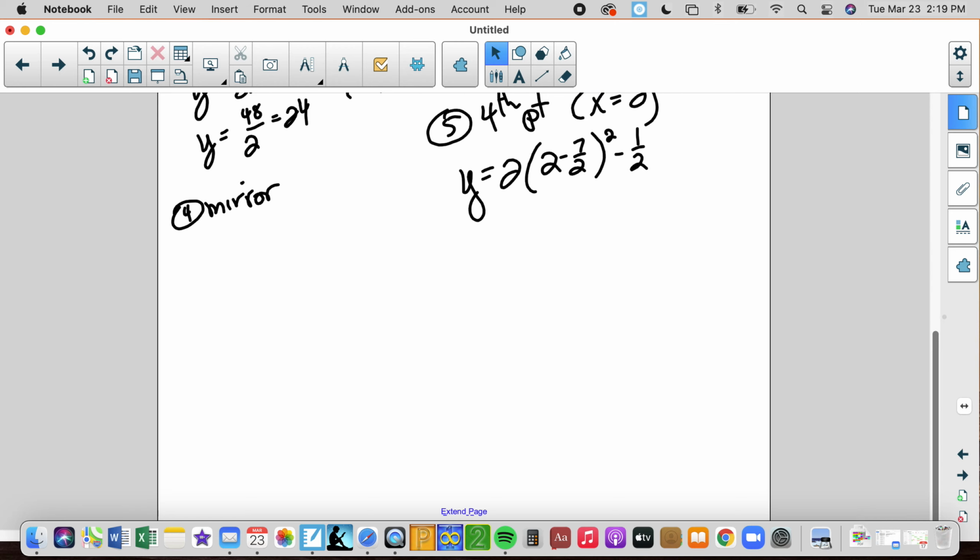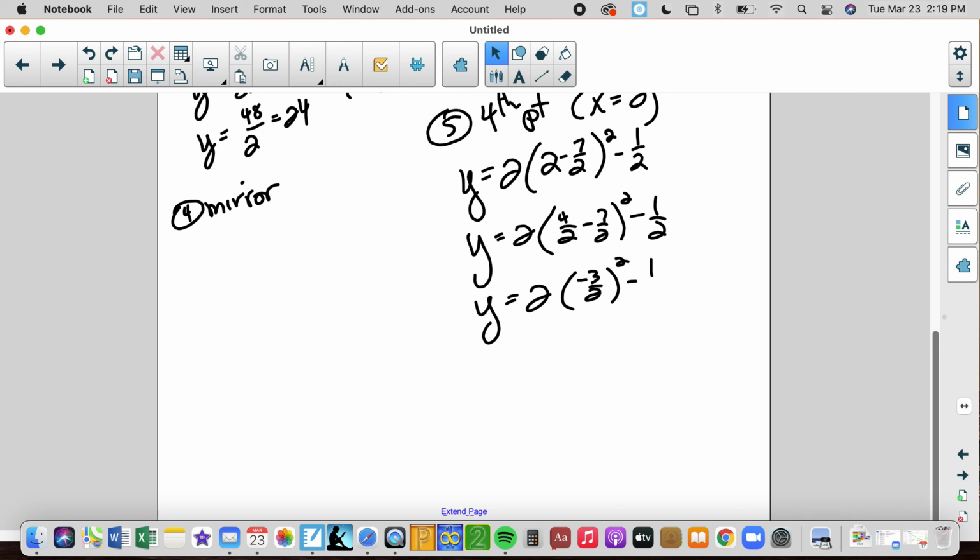All right. So if we do that, we get y equals 2. Now 2 has to be in halves, so that's 4/2. 2 is equivalent to 4/2 minus 7/2 squared minus 1/2. So we get 2 times 4/2 minus 7/2, which is negative 3/2 squared minus 1/2. Right, yeah, that's good.